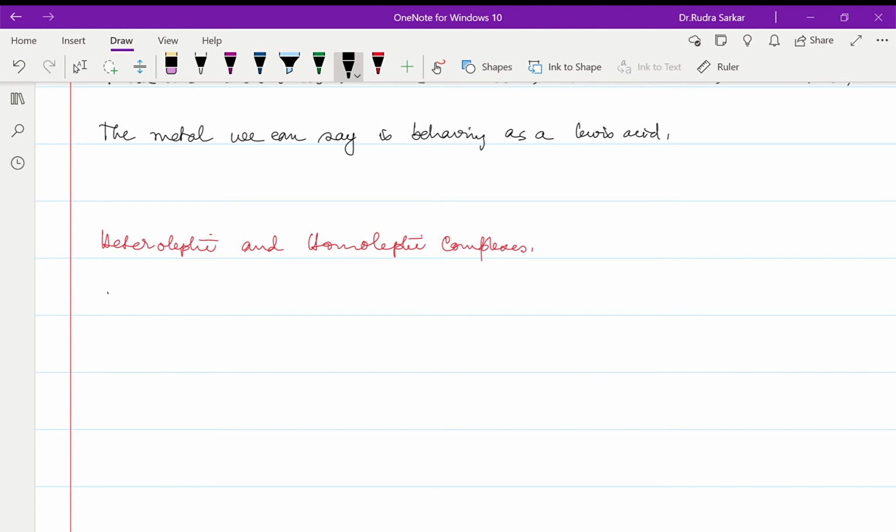See, only when one type of ligand is present inside in the secondary valency, okay, or I am trying to say in the coordination sphere.